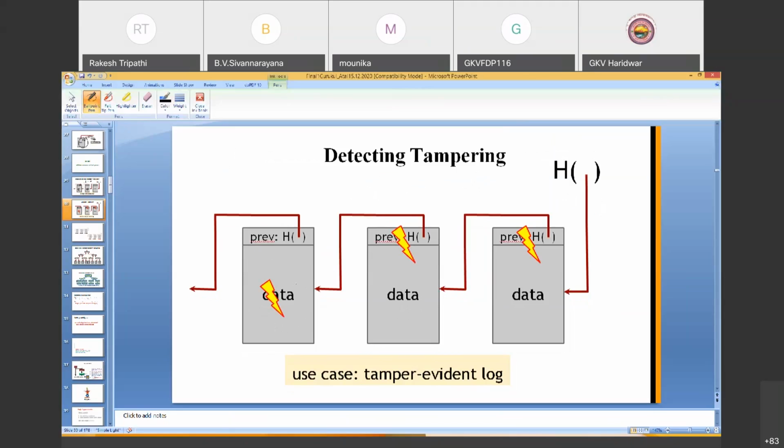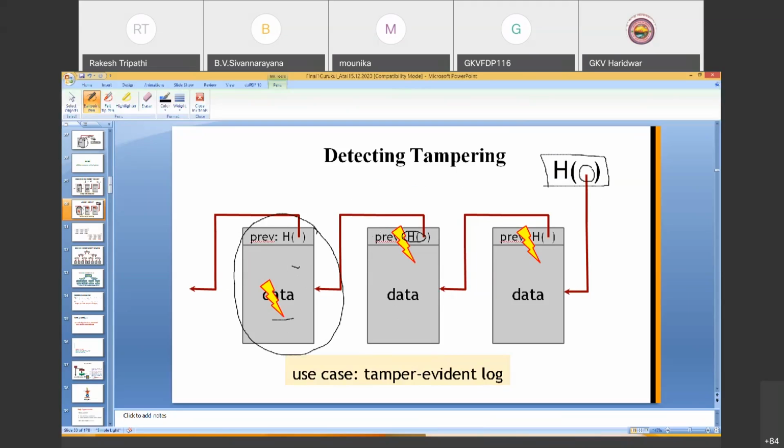The idea is that once we have a blockchain and we have a header of this list, the header value is remembered. Any adversary comes and changes this data. If he changes this data, then this hash will change, it won't match. This hash won't match because this hash is derived out of this data.